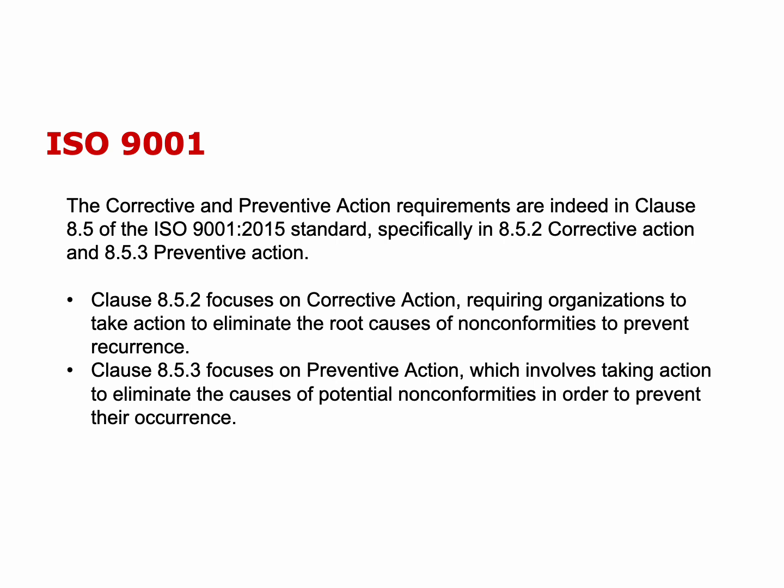Clause 8.5.3 of ISO 9001 focuses on preventive action, which involves taking action to eliminate the causes of potential non-conformities in order to prevent their occurrence. And of course, we do have SOPs in any company on corrective actions and on preventive actions. You may also see SOPs on CAPA, corrective and preventive actions.